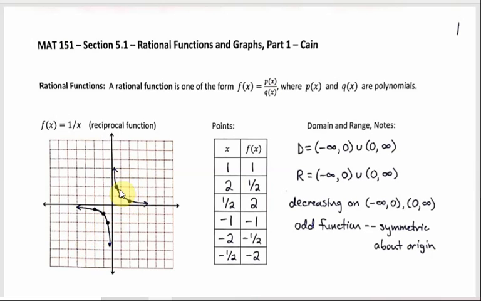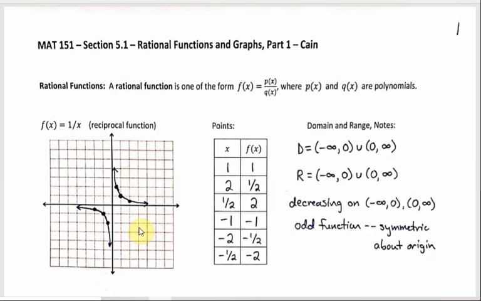On the right side, if you take a really tiny positive number like 0.00001, 1 divided by that is huge. So it's way, way up there somewhere. But if you take a negative number that's very slightly less than 0, like negative 0.0001, then you're going to get 1 divided by that. So your function value is a negative number with a huge absolute value. So it's way, way down there somewhere.